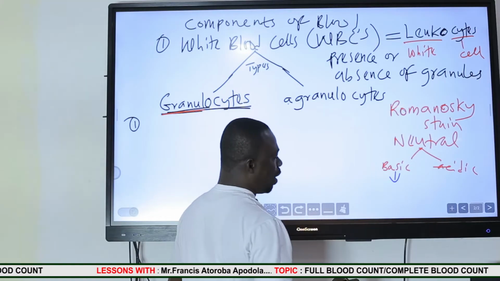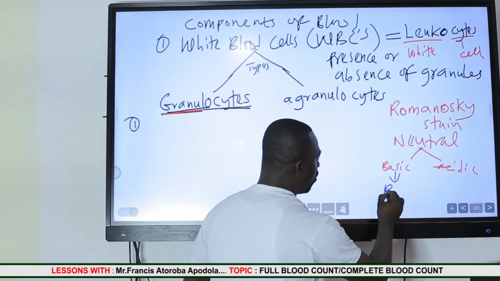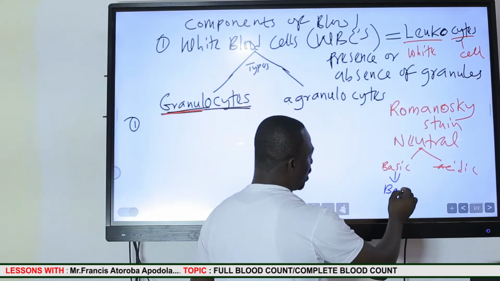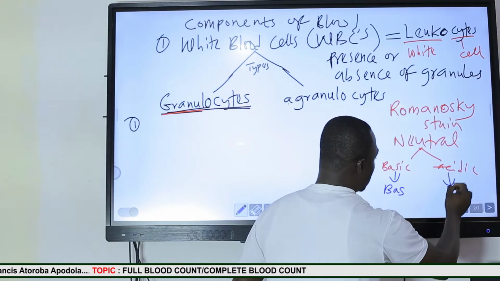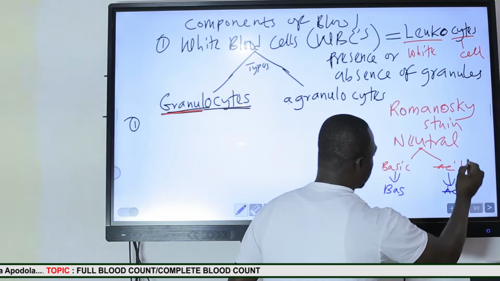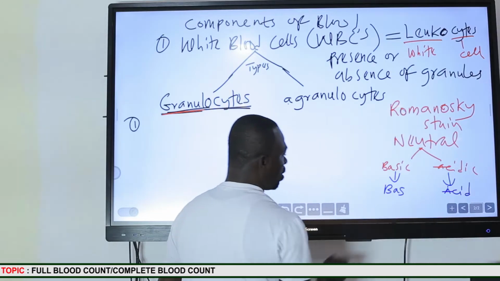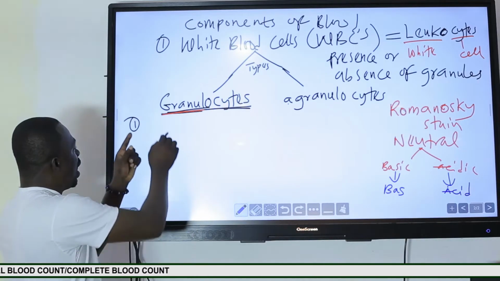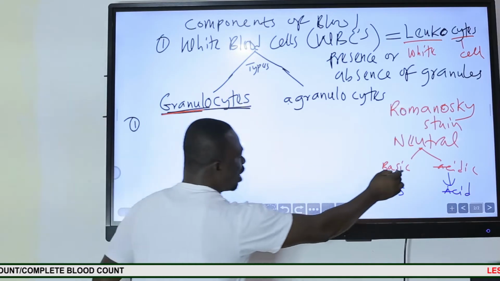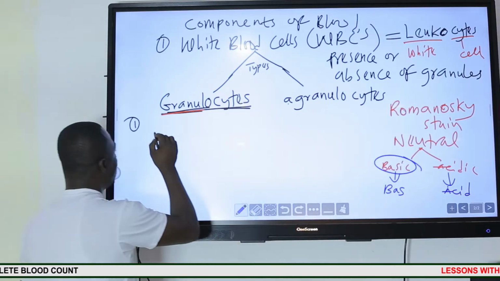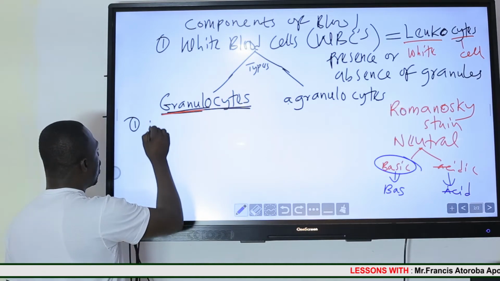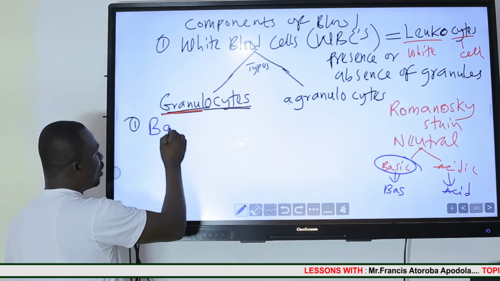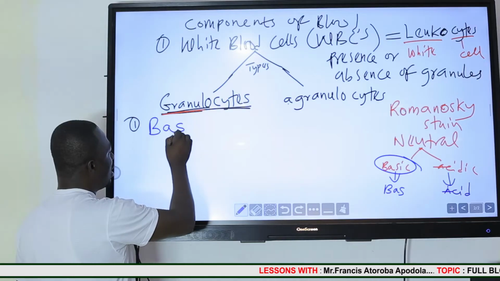Now, the word part for basic in medicine is abbreviated as BAS, whilst acid in medicine is indicated as acid. So BAS and acid. Granulocytes that showed attraction to the basic part of the dye were named after the dye they were attracted to, that is the BAS.